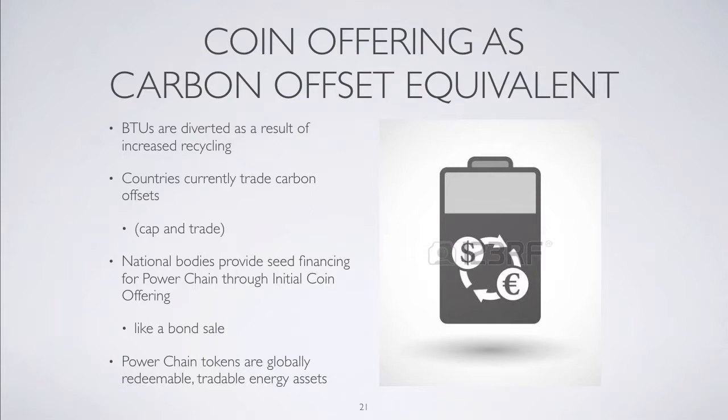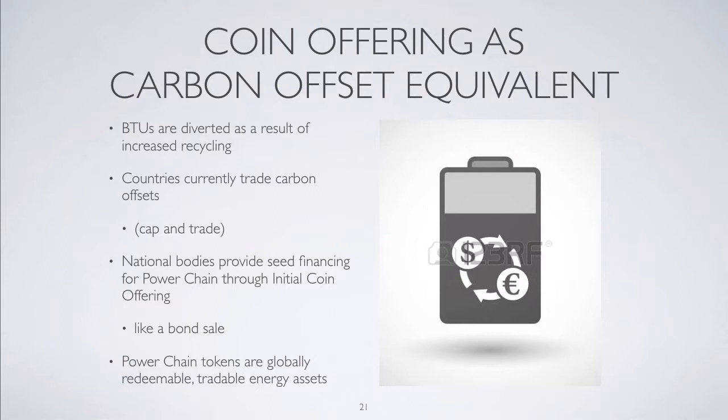In the same way that carbon offsets create some kind of economic equivalence with their energy consequences, these batteries as well have an equivalence between the value that they represent and their energy dynamics. In the same way that carbon emissions can be offset economically and traded between countries, you could imagine a country doing something kind of like a bond purchase and then reselling this inherent energy capacity on a global marketplace. And in that process, because these tokens are fungible, they become tradable energy assets.